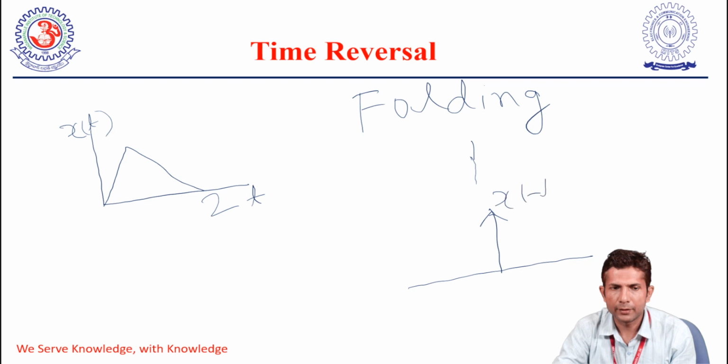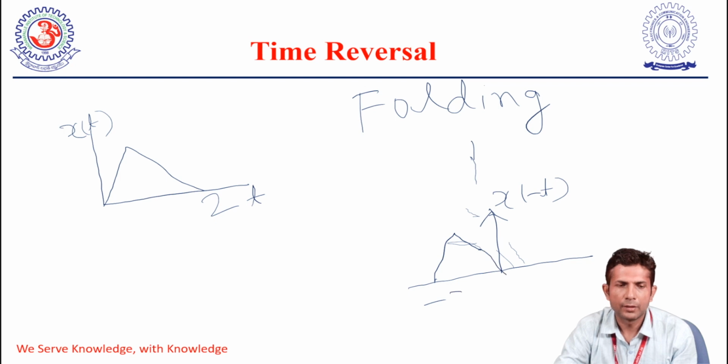Here x of minus t, and it will be, if I'm folding, so it will be minus 2, 0.